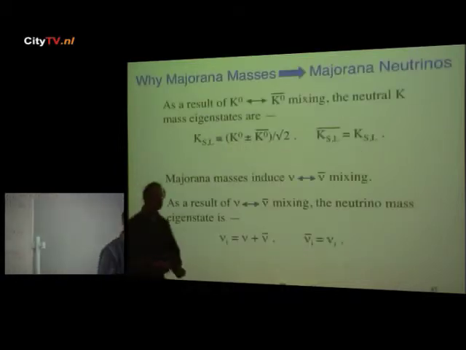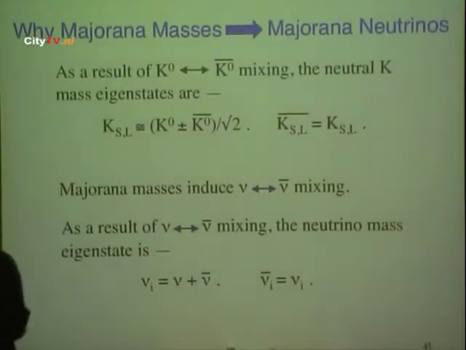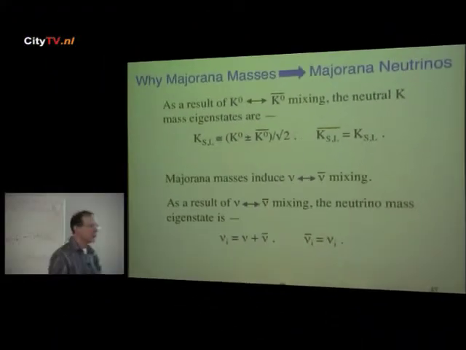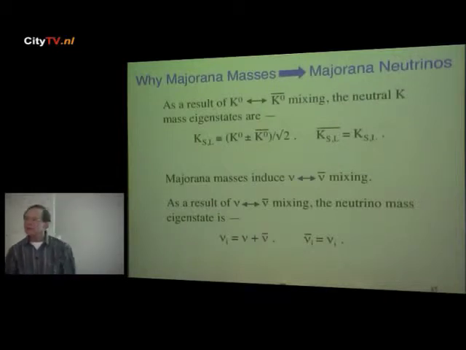Now, why does the presence of a Majorana mass term have the result that neutrinos are their own antiparticles? Rather than going through the mathematics, I'll give you the hand-waving answer. You know about neutral kaons, right? As a result of K0, K0 bar mixing, the neutral K mass eigenstates are not K0 or K0 bar, but rather the states which are called K short and K long.